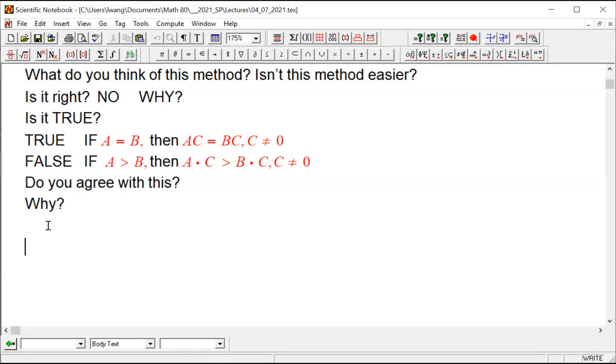Take an example. Look at the number line. Suppose this is 0. We have a number which is 2 here and 3 there.